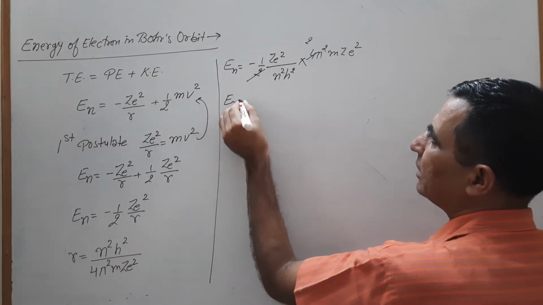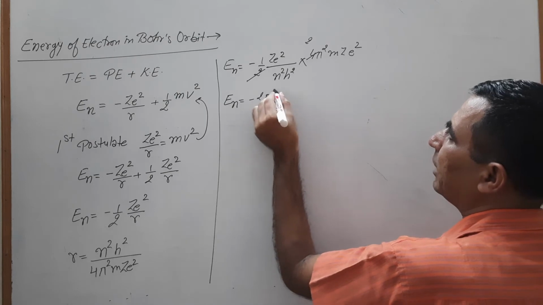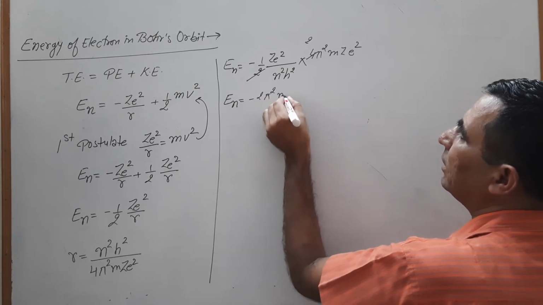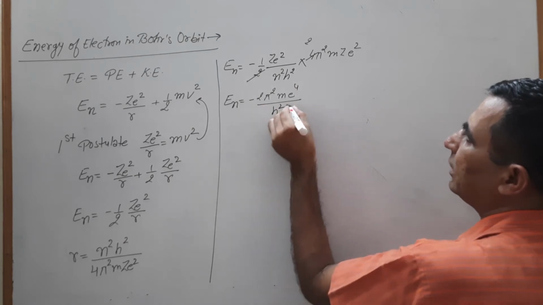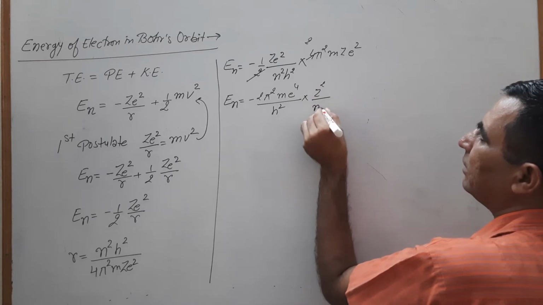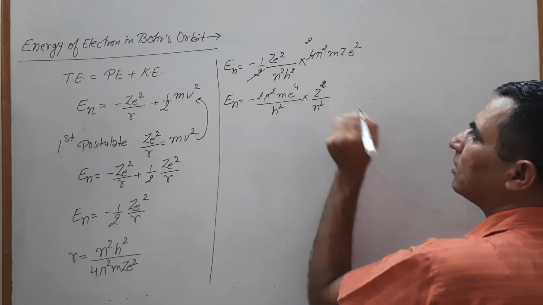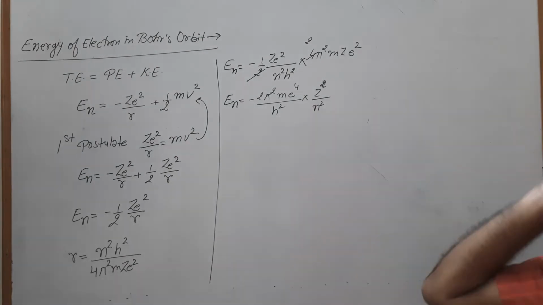So En is equal to minus 2 pi square m e to the power 4 upon h square into z square by n square. We have already separated the variable and constant quantities in this formula.